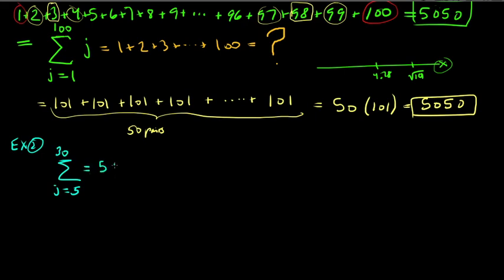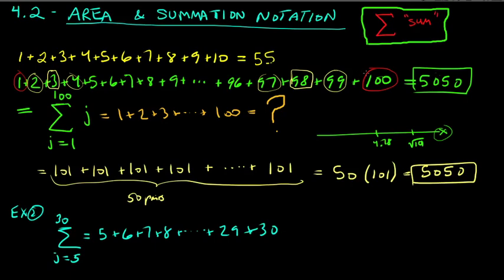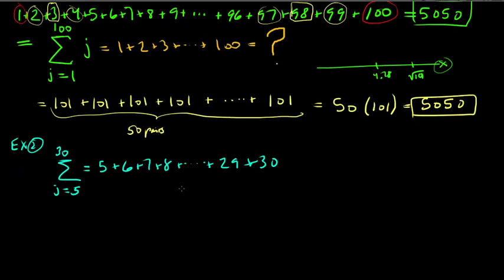That's going to be 5 plus 6 plus 7 plus 8, and then we end at 29 plus 30. Okay. And you can see it's a little shorter than the one we just did, right? I mean, actually, let's make this harder. Let's go to 300, right? So 299 plus 300.